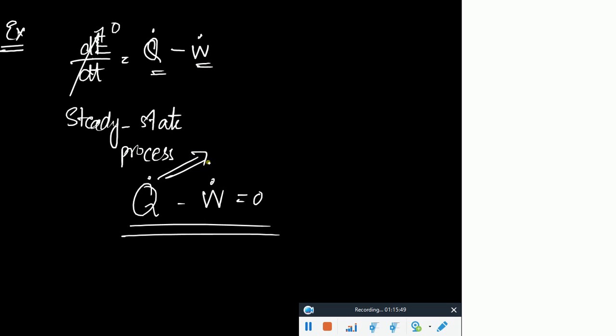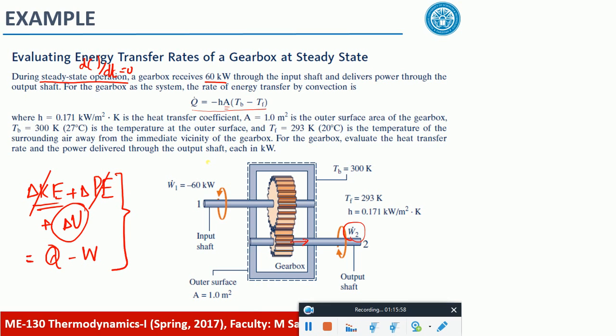Now what would be that Q dot? I mean, what kind of heat interaction does that gearbox have with the surrounding? That was given to you. Just look at the statement. That statement says some kind of convection is there. If some kind of convection is there, you can find out Q dot by putting all the variables into it.